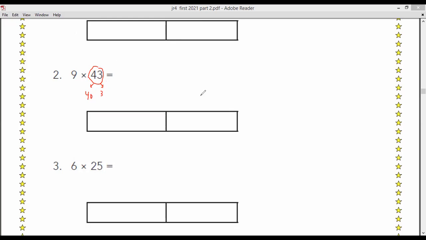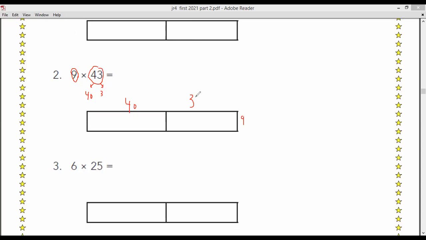So here in the length of this rectangle, I'm gonna write 3, and here I'm gonna write 40. And what about this 9? Where can I write it, in the width or in the length? In the width. Yes, so in the width I will write 9. Now, let's make the multiplication.